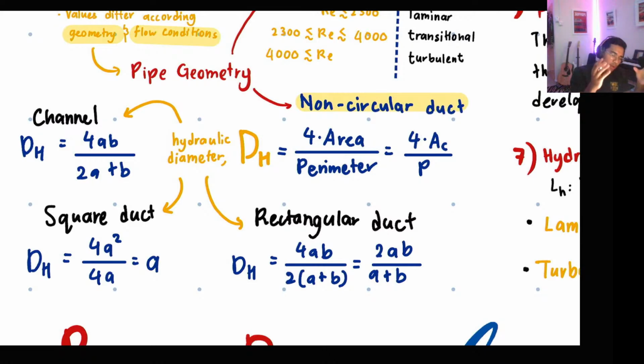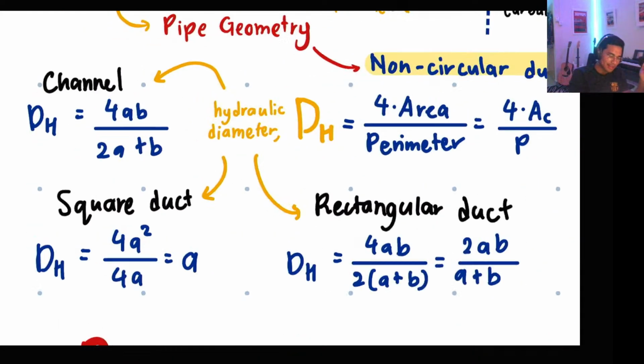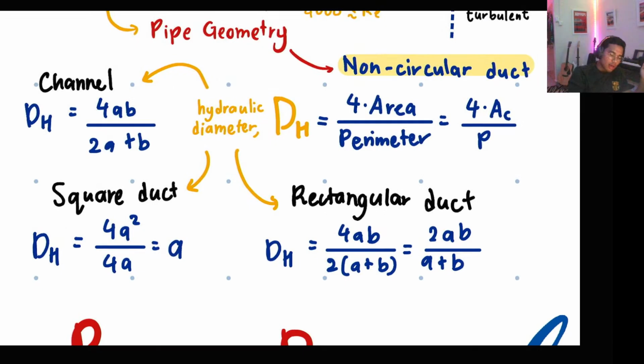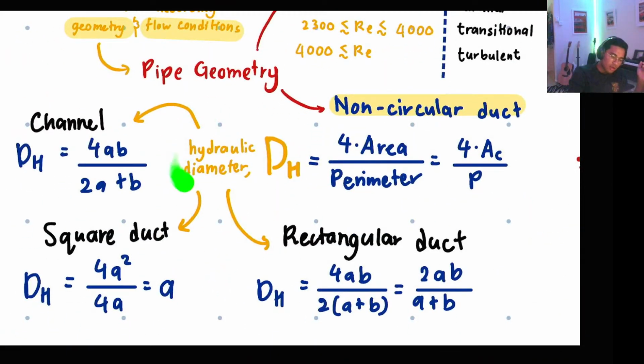Square and rectangular ducts are always used for transporting gases because it is much easier to construct the ventilation. So what is the D? The D is the hydraulic diameter, or the characteristic diameter.